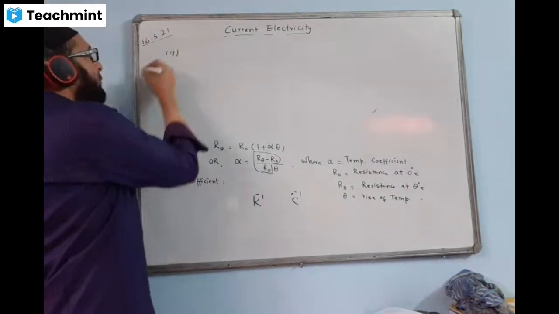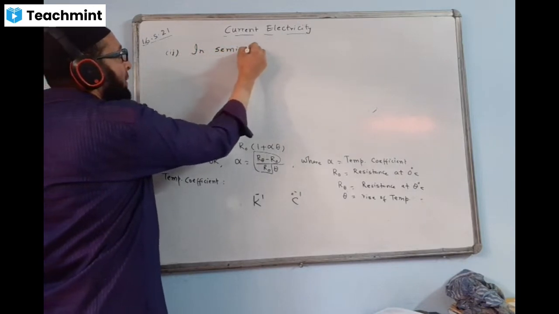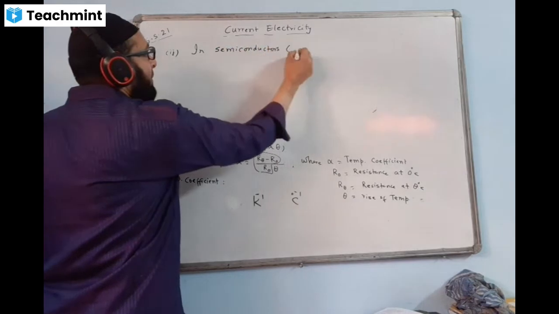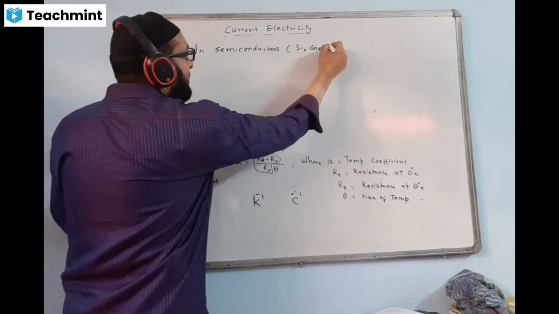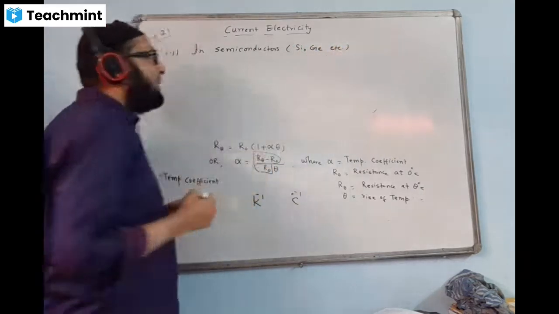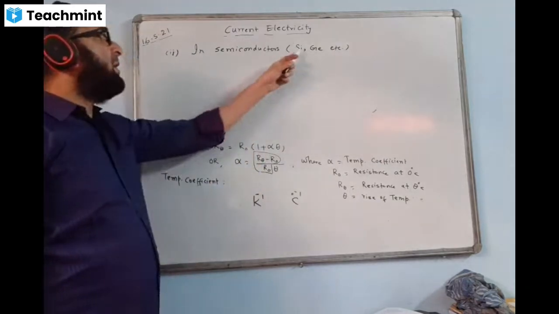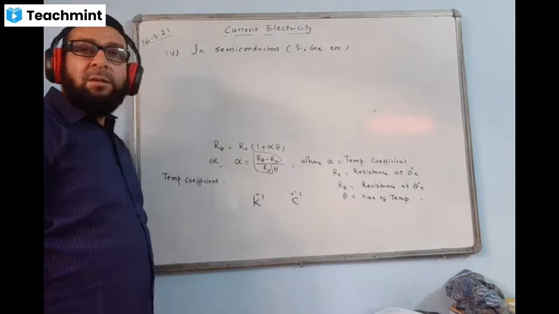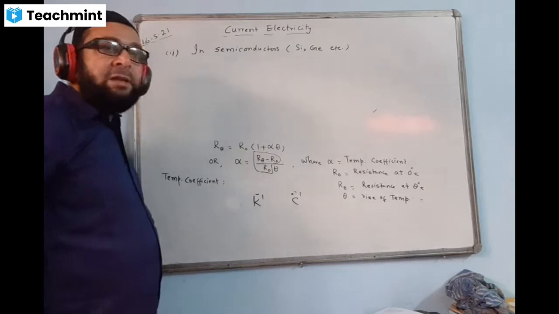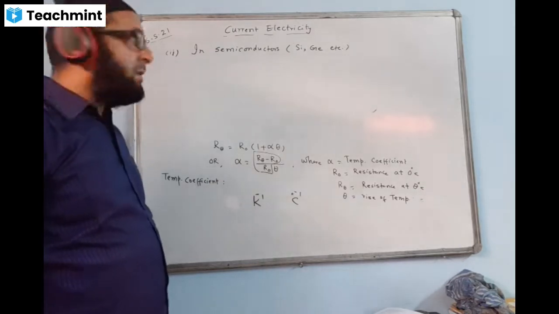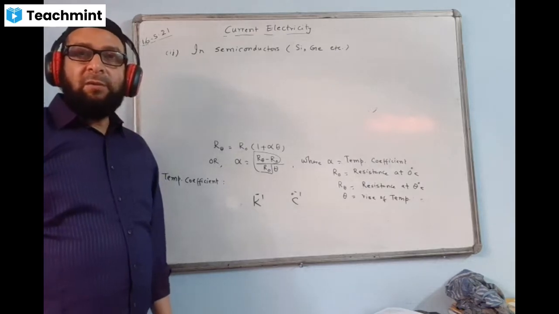Okay. Now, number 2. Write down: in semiconductors such as silicon, Si, and germanium, etc., the resistance decreases with the rise of temperature.